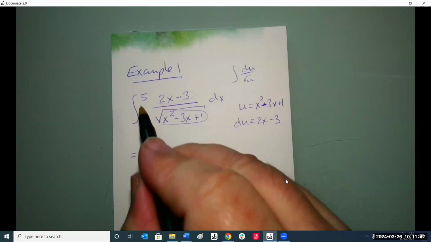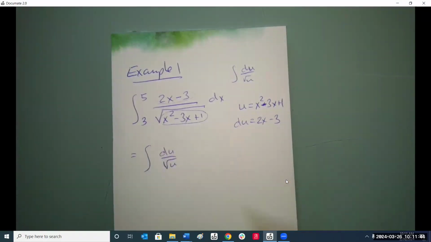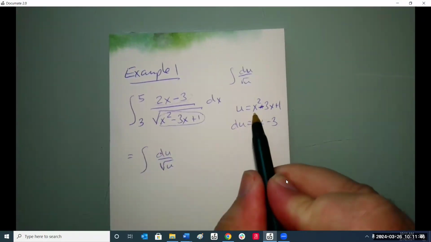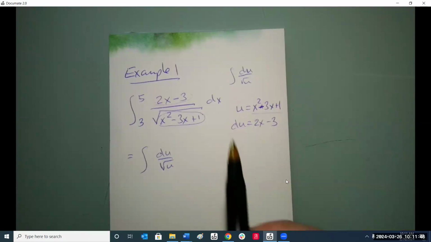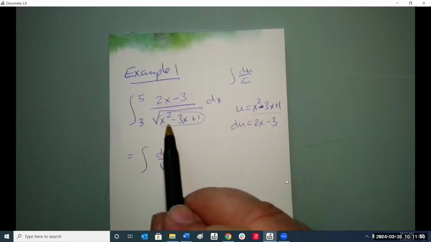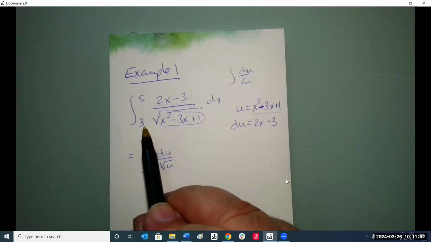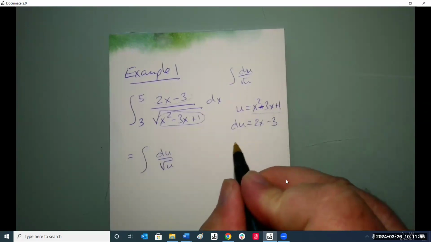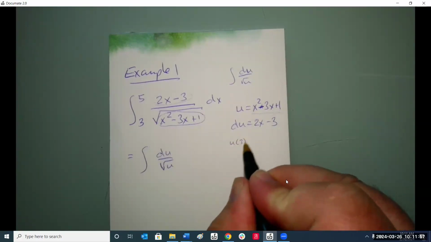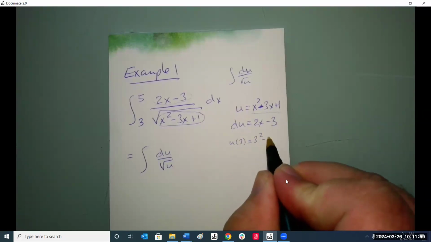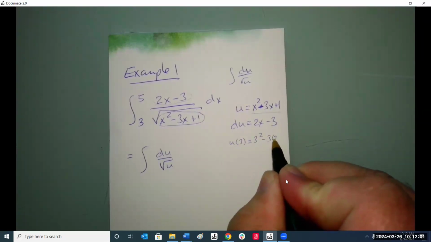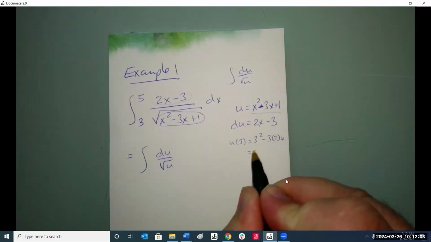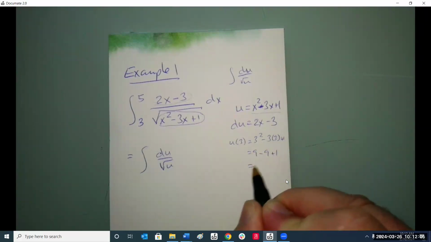We can also change the bounds of integration by using this formula here. When x equals 3, u of 3 is 3 squared minus 3 times 3 plus 1, so it's 9 minus 9 plus 1.